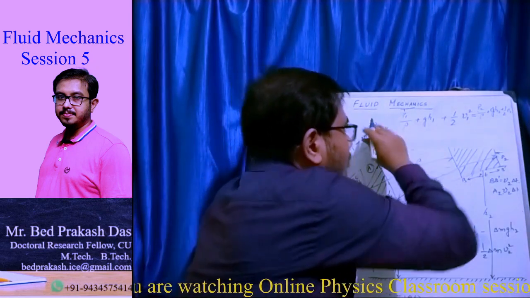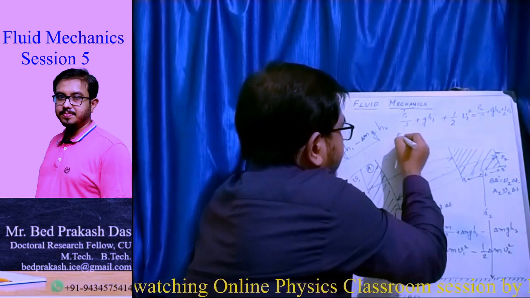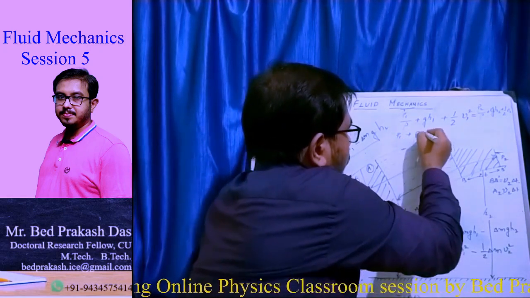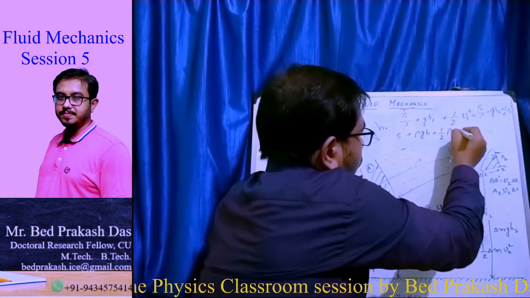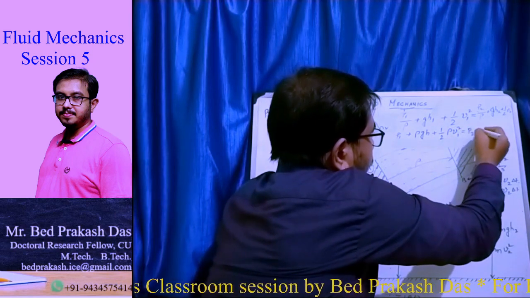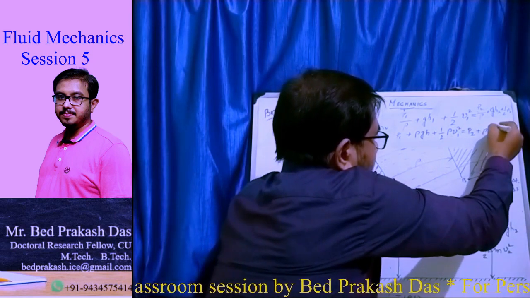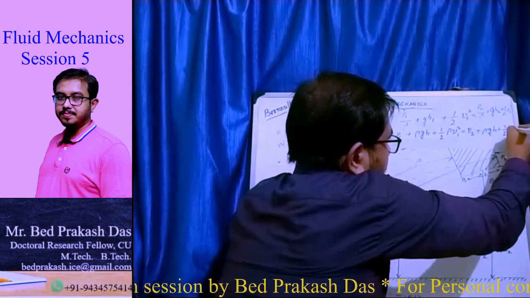By multiplying rho throughout this equation, we will get P1 plus rho gh1 plus half rho v1 square equal to P2 plus rho gh2 plus half rho v2 square.